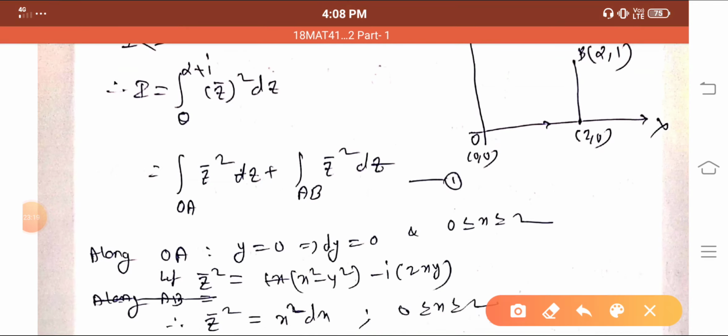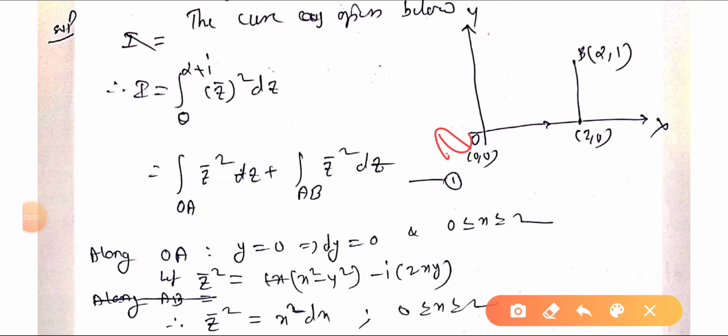So therefore, in the figure this is the origin O, and this is the coordinate A, that is A of 2 comma 0, and this is B. So I should be the sum of two integrals: the integral along OA of z bar square dz plus the integral along AB of z bar square dz.